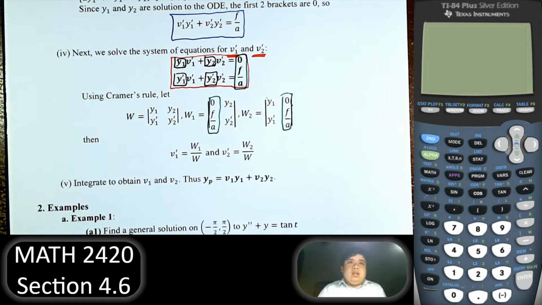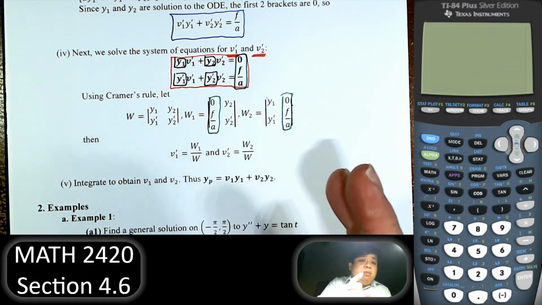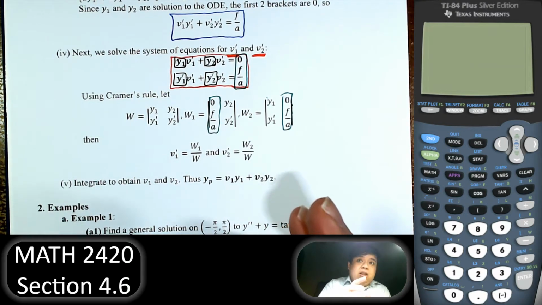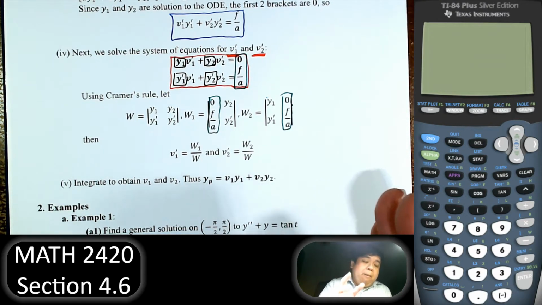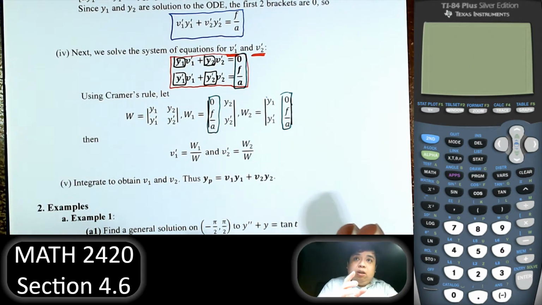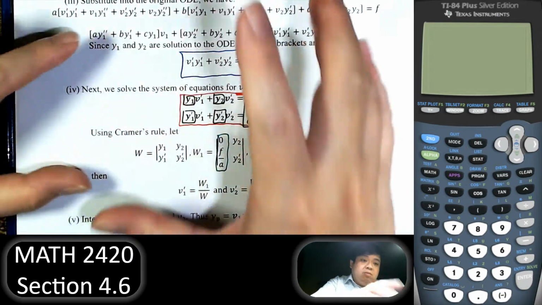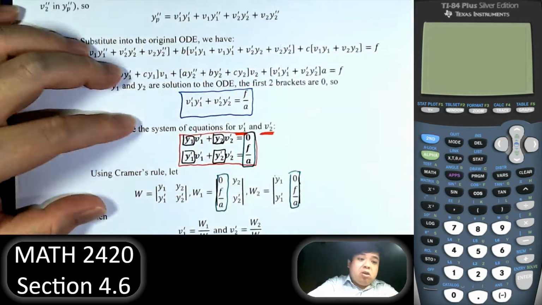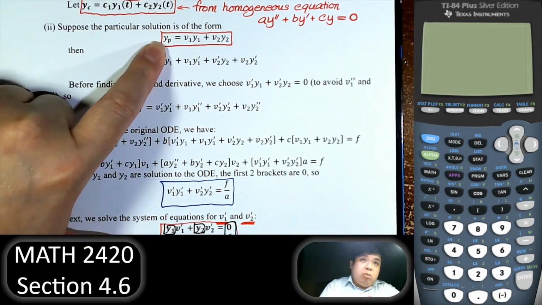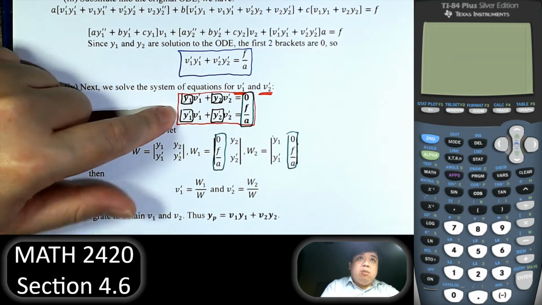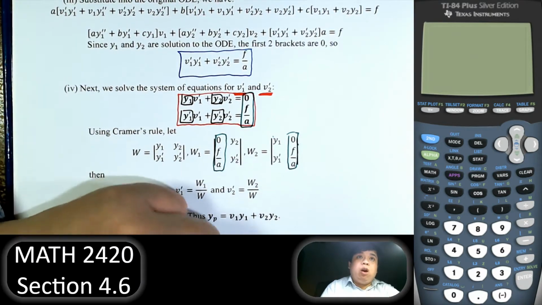The nice thing about this is, even though it looks complicated, and it is complicated, the reason is the calculus part. What we actually do is not that much. We set up the variation of parameters and then the system of equations for V1 prime and V2 prime.